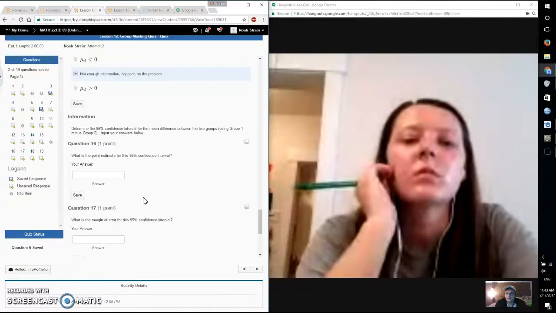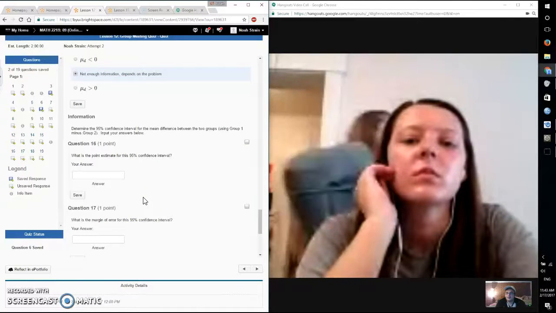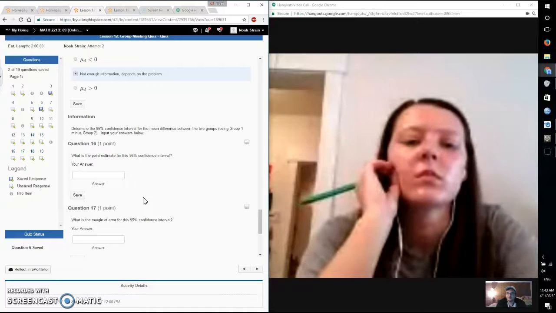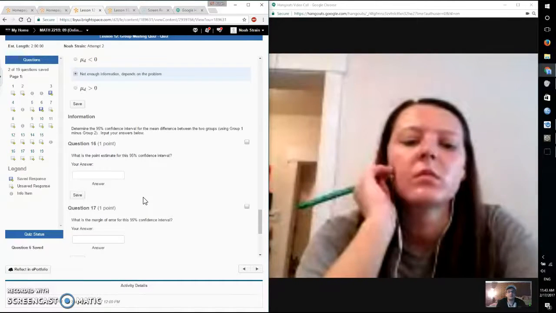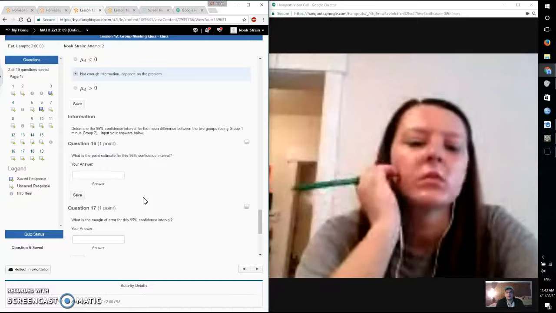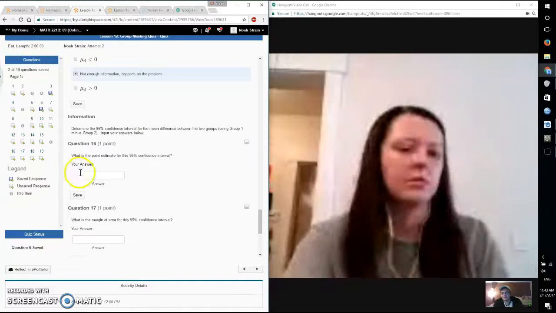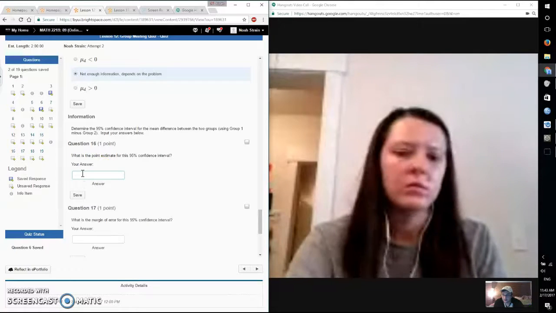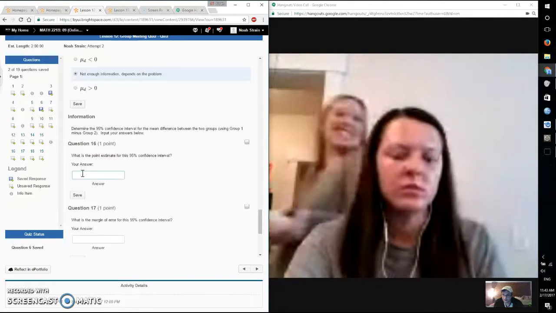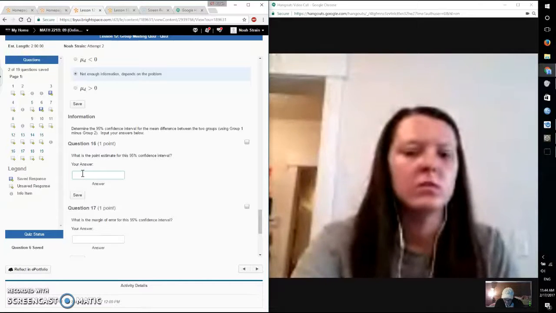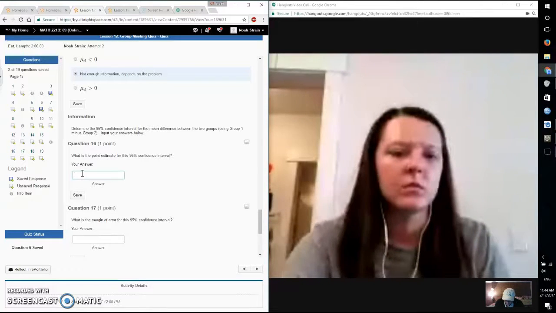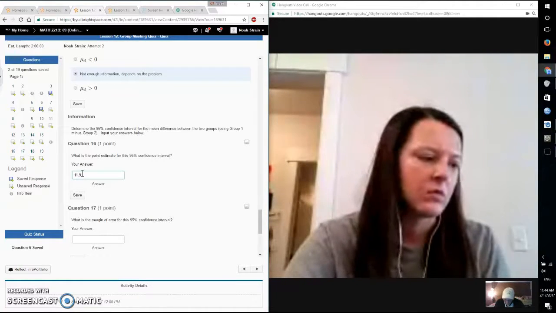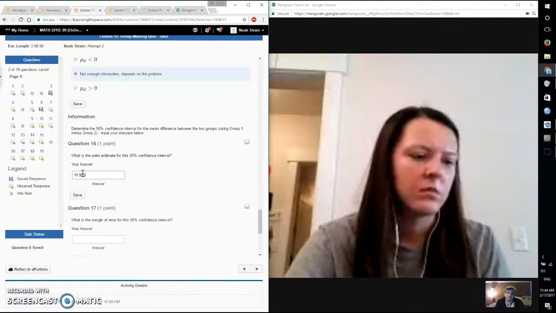So it wants us to determine the confidence interval between the two groups using groups 1 and 2. And if you run a t-test through the SPSS program, then it just tells you what that confidence interval is. So for the point estimate, that would be 11.955, or our mean value.